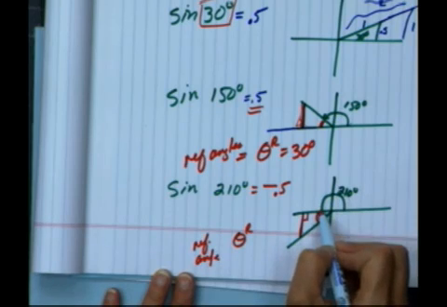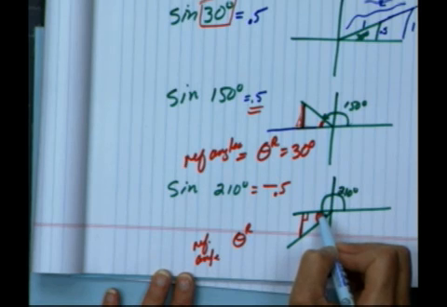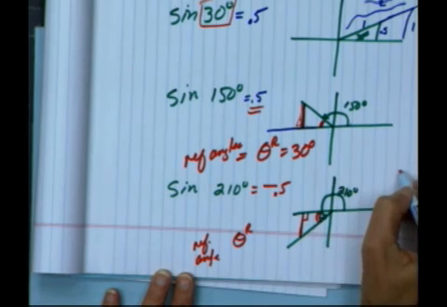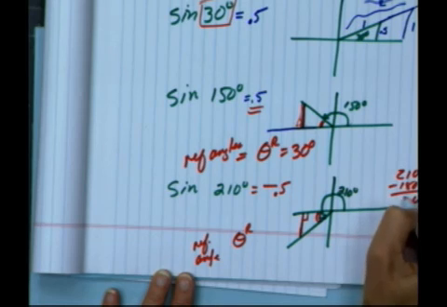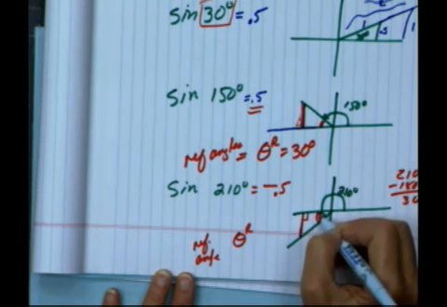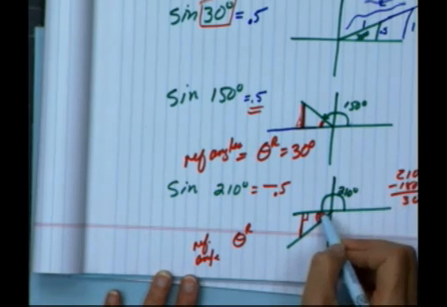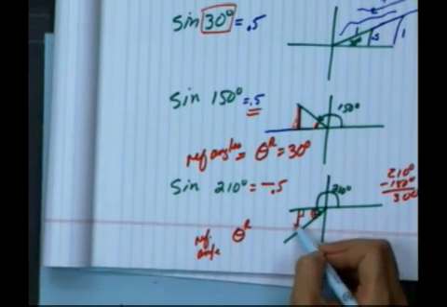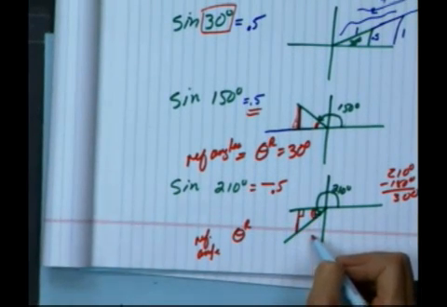Remember, if you go all the way to the negative x-axis, you've gone 180, but all the way to that terminal side is 210. So 210 minus 180 is a 30-degree reference angle. All right, so this little reference angle is 30 degrees. So we know the ratio of the opposite to the hypotenuse is a half.